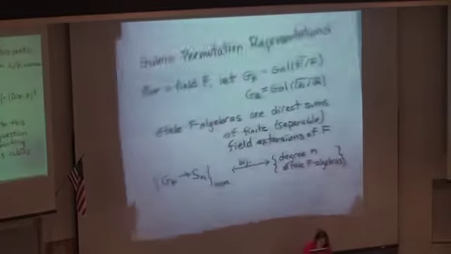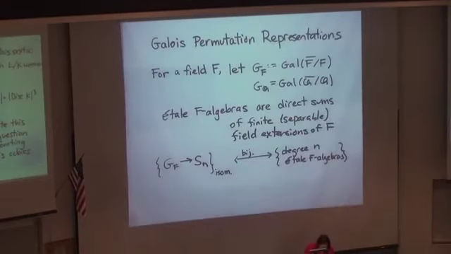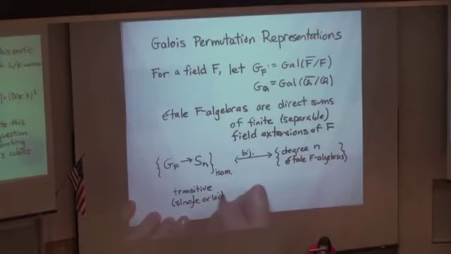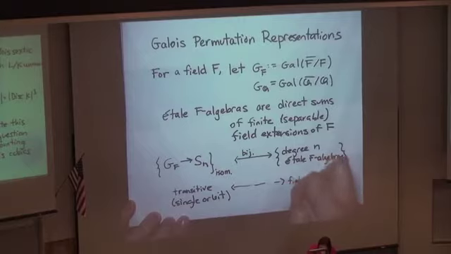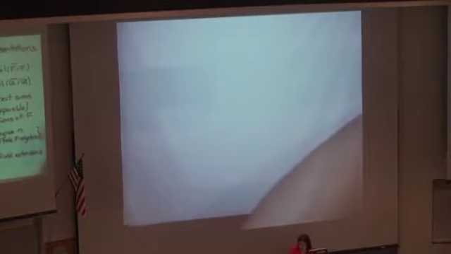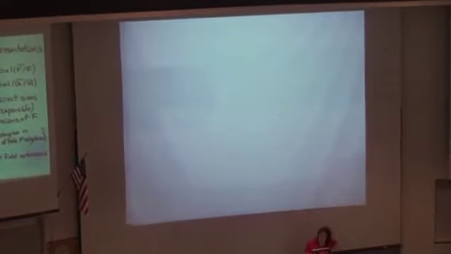Well, here, maybe I'll say one more thing, and then we'll talk about the examples. In this bijection, the transitive permutation representations, i.e., the ones that have a single orbit, correspond to field extensions. We already saw one piece of this, so I just want to tie this together with the piece we talked about.